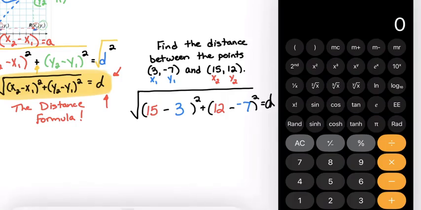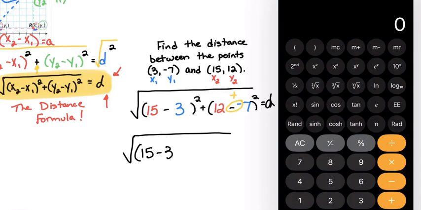Now, it makes me a little antsy to put minus a negative in. That really bugs me because I know minus a negative is the same thing as plus. So before I put it in the calculator, I really feel the need to clean that up. Most calculators are fine with minus negative in there, I just don't like it.